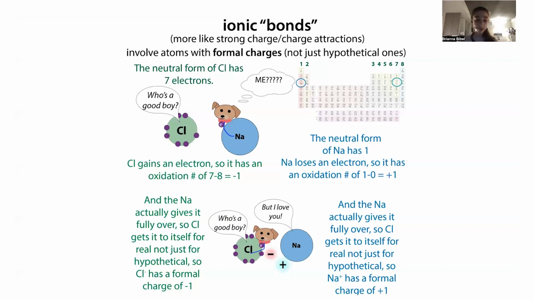These are real charges, not just hypothetical ones. We're going to be talking a lot about hypothetical charges when we talk about oxidation numbers. But in the case of these ionic ions, we have actual formal charges. To find the formal charge of an atom, we take the number of protons it has, and remember this defines the element.